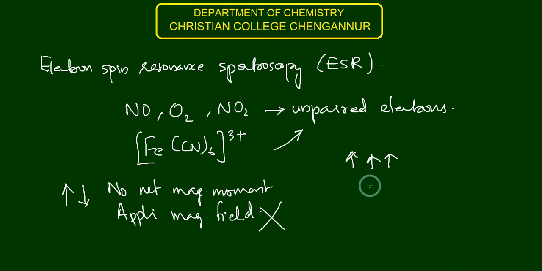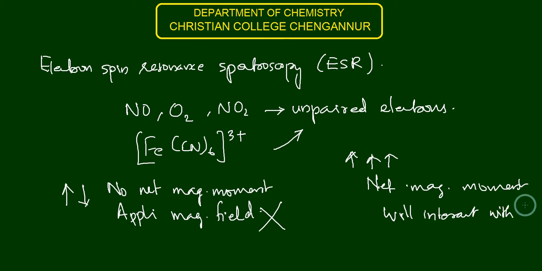So in this case, there will be a net magnetic moment due to the electron spin, and this net magnetic moment will interact with the applied magnetic field. For example, let me write it as Bz. So this is something different from what we learned in the case of paired electrons.